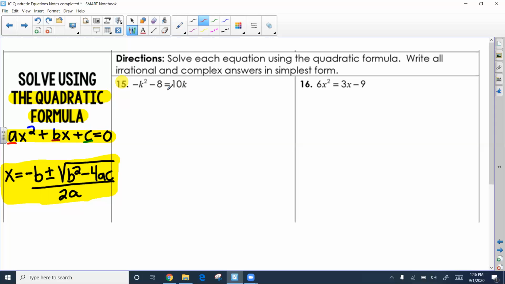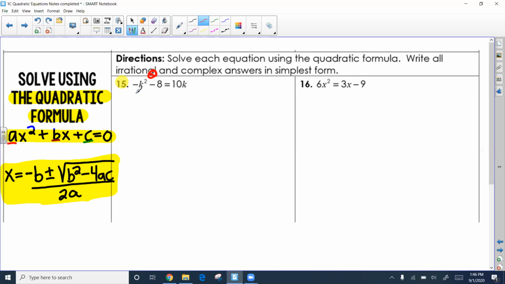It doesn't matter which side is equal to 0. But usually, if I have a quadratic equation, I don't like to have my leading term have a negative. So see how this has a negative k squared? Since we're going to use the quadratic formula, it doesn't really matter, but I would usually try to factor first. So I'm going to get the left side equal to 0 in this case, so that way I have a positive k squared.